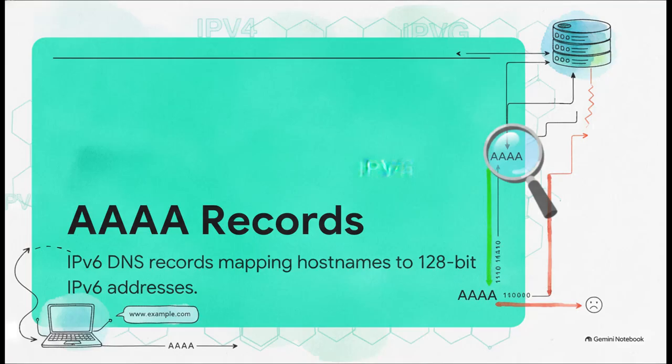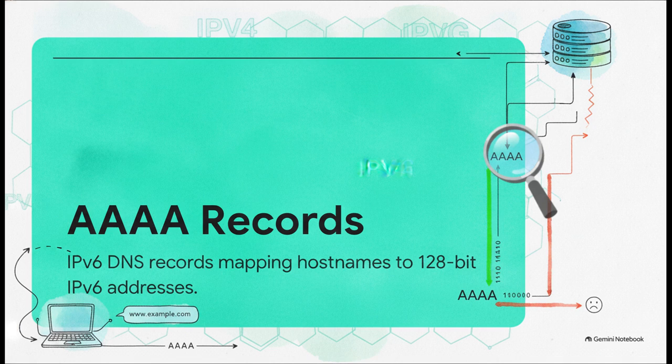So we need to establish our baseline here. In IPv4, you're always hunting for the A record. But for IPv6 troubleshooting, you are constantly on the lookout for AAAA records. Most people call them quad A records. These are the DNS records that map human-readable host names to those massive 128-bit IPv6 addresses, and they are absolutely essential for dual-stack name resolution.